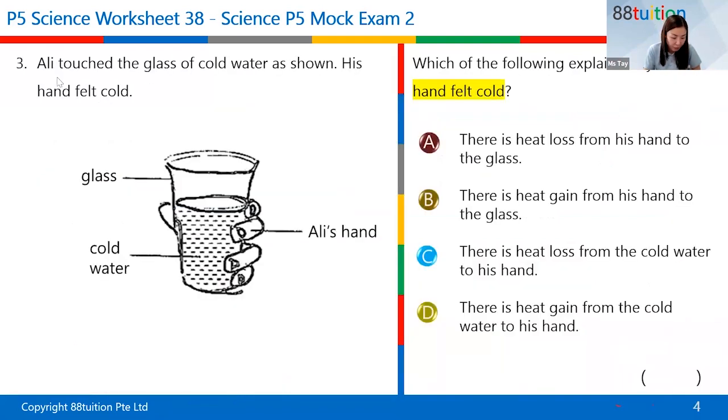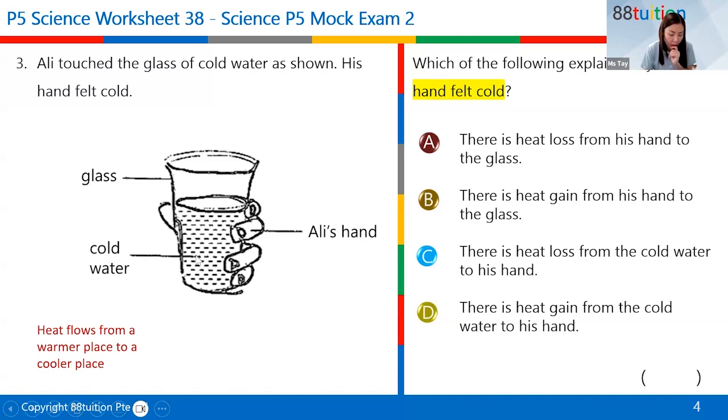Next question. Now, Ali touched the glass of cold water as shown. His hand felt cold. So you're supposed to explain why his hand felt cold. For this question, it has got to do with heat. We know that heat flows from a warmer place to a cooler place, right? So where is the warm place? It's Ali's hand, right? So Ali's hand is warmer.